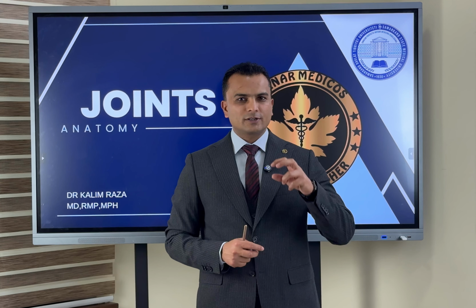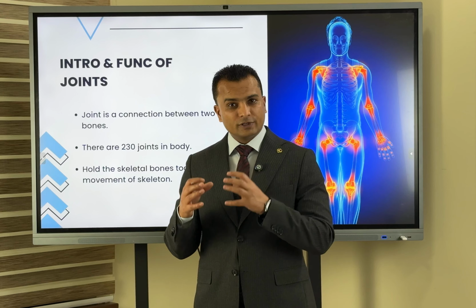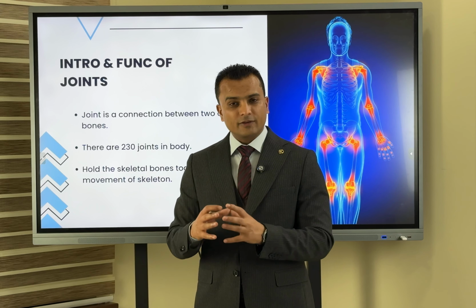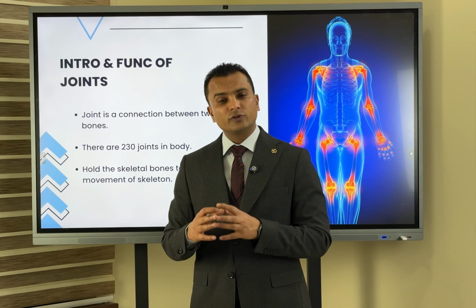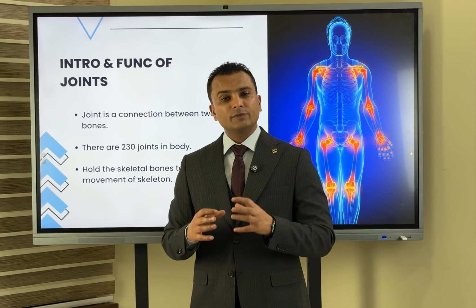There are more than 230 joints in the body, and the function of the joints is to connect bones. Bones are connected with the help of ligaments, and there are a lot of ligaments in the human body. A ligament is made up of flexible fibrous connective tissue, that's why we can easily move our joints in various directions.